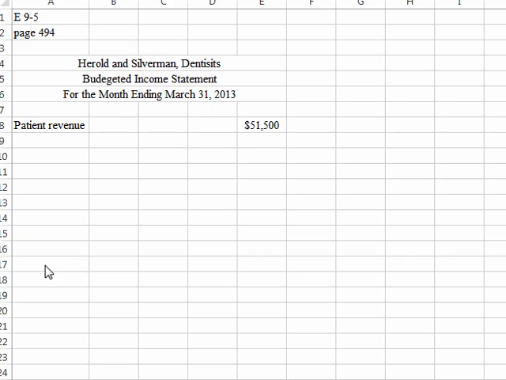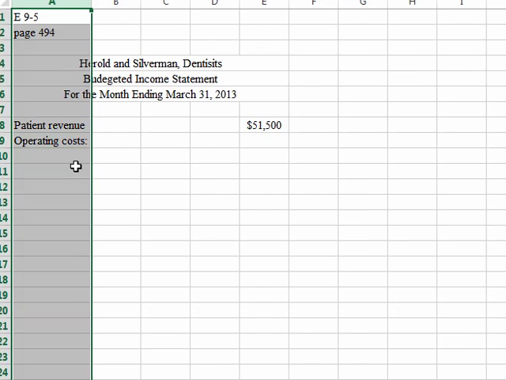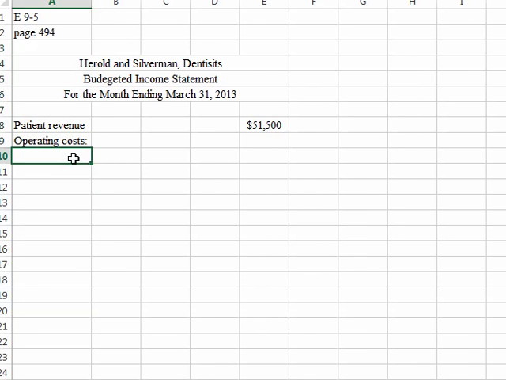Next, we have what they call operating costs. We've referred to them in the past as operating expenses. And then, I guess we could list them greatest to least.